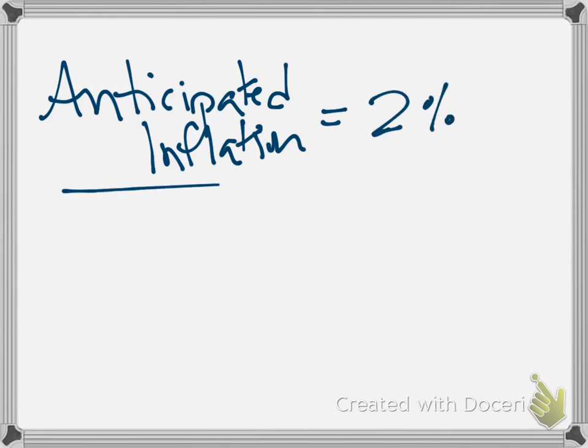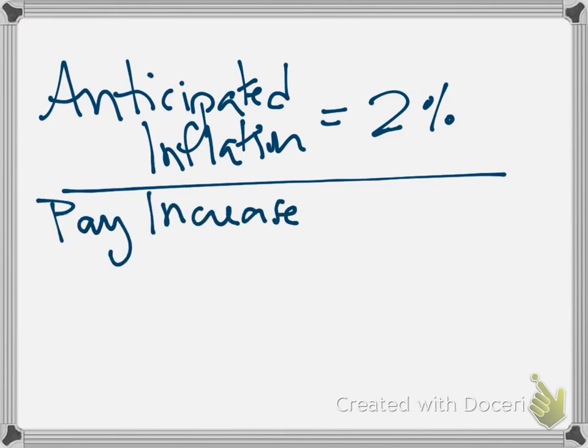And so maybe the worker negotiates a pay increase of 3%, thinking, hey, I want to keep up with inflation, and then I deserve a little bit of a merit raise as well, okay? Well, what inflation really turns out to be is going to impact whether the worker is better off or not.